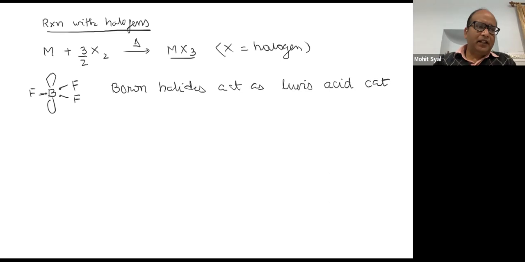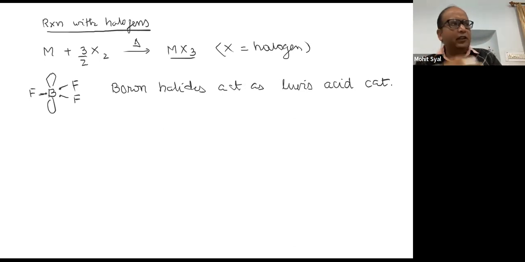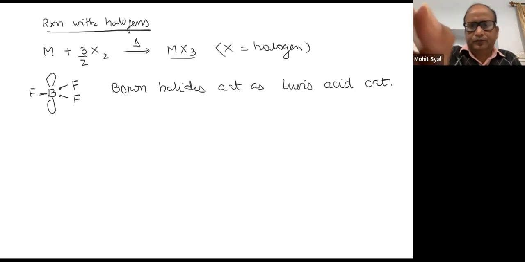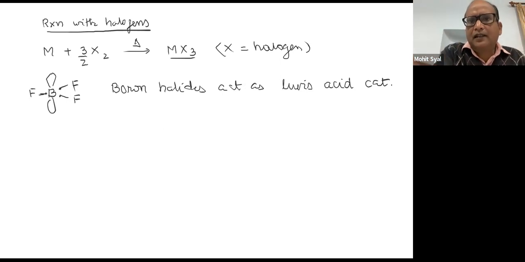The catalyst which can take away the electron pair. Such catalysts are known as Lewis acid catalysts. And why can they take away an electron pair? Because they have a vacant orbital and they can accommodate an atom or ion which comes and joins with its electron pair. So that is the reason.